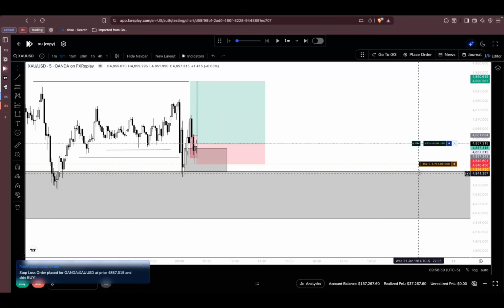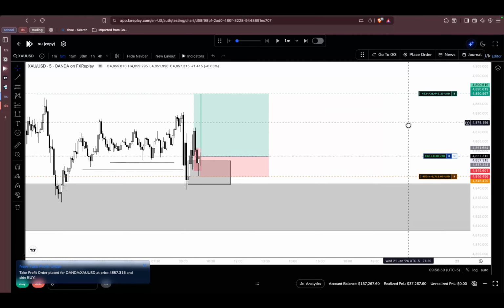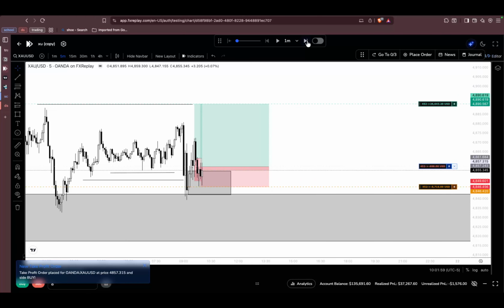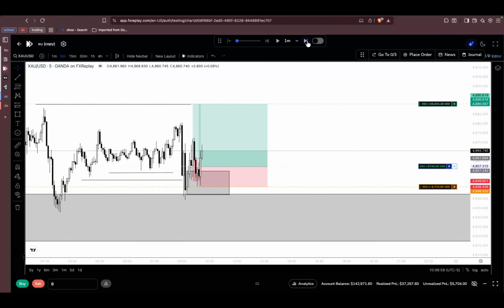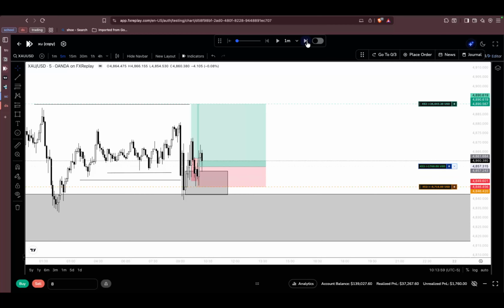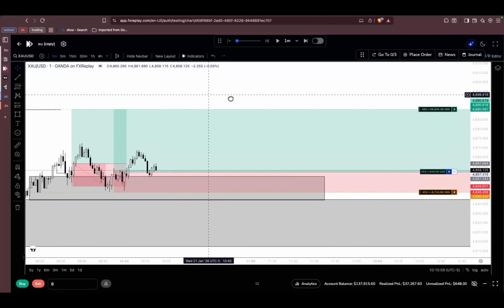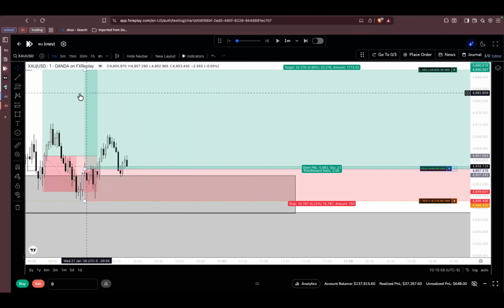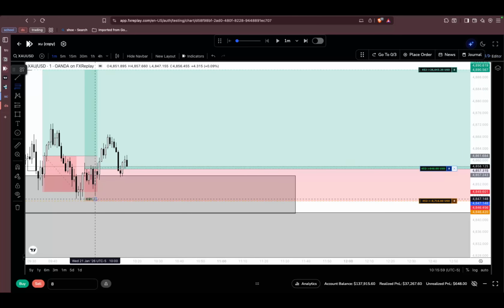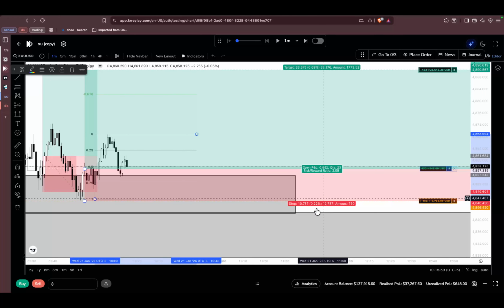Stop loss right there. Be all the way up here. And see price tap back down. That's Fibonacci.